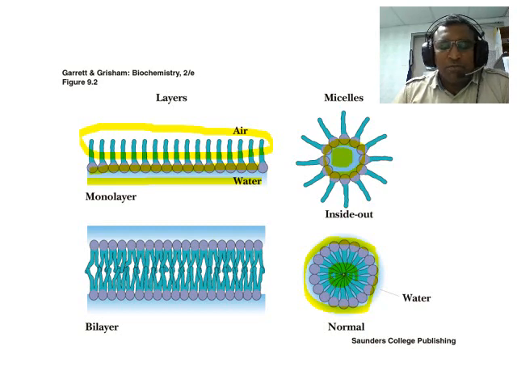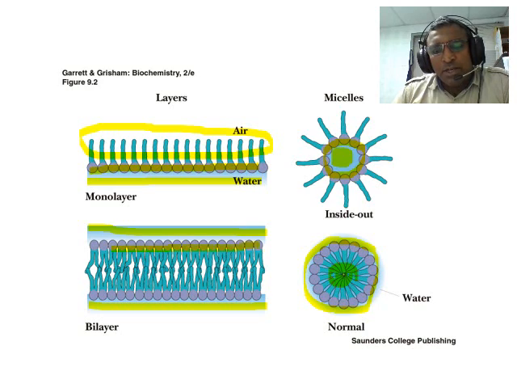You also have the structure that you find in the cell, where cells have a water environment on the outside and also internally. So this is where you get the lipid bilayer structure, as you can see here. The lipid bilayer structure is the basis in building the cell membrane.